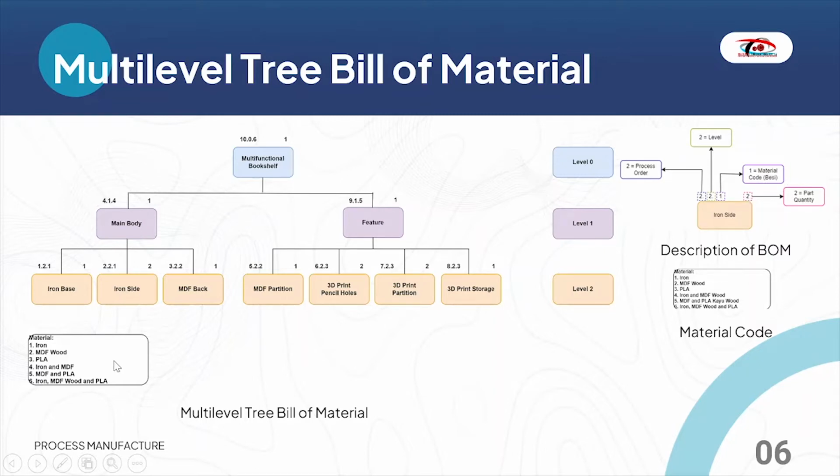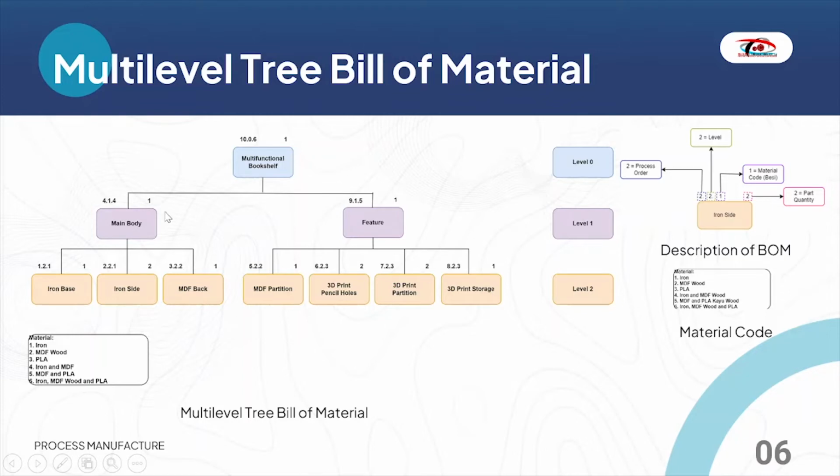So we have to define the material code first. 1 is iron material, 2 is MDF wood, 3 is PLA, 4 is iron and MDF, 5 is MDF and PLA, and 6 is iron, MDF wood, and PLA.